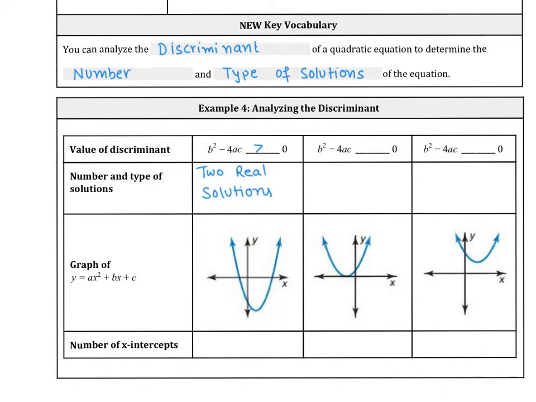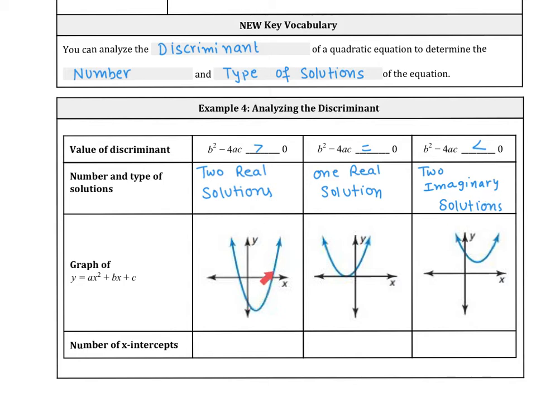If b squared minus 4ac is equal to 0, then we are going to have one real solution. And if b squared minus 4ac is less than 0, then you're going to have two imaginary solutions.